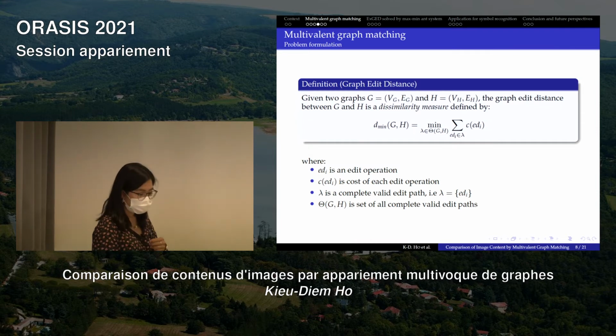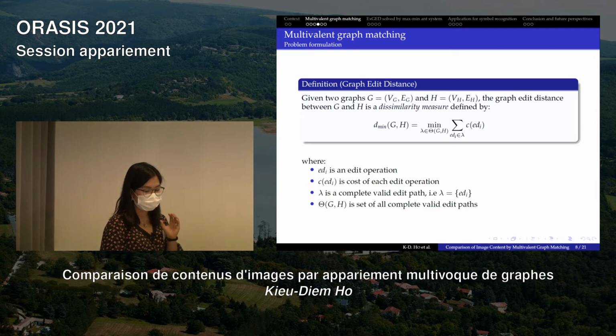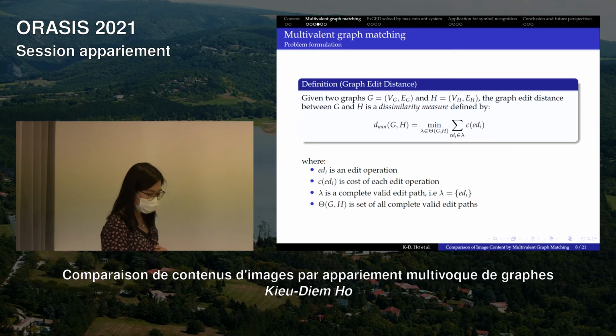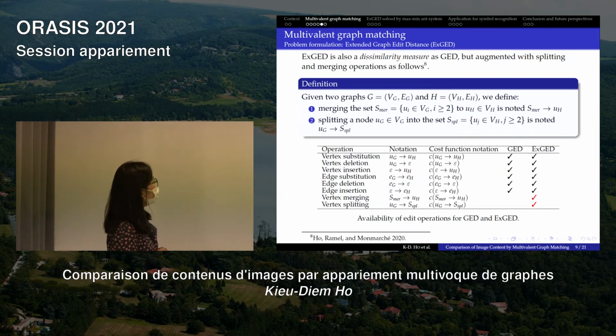So what's a graph edit distance? Graph edit distance is the dissimilarity measure defined by the minimal cost of the edit path. The edit path is the set of edit operations that allow you to transform one graph into another graph. And from the definition of the graph edit distance, GED for short, we extend it.